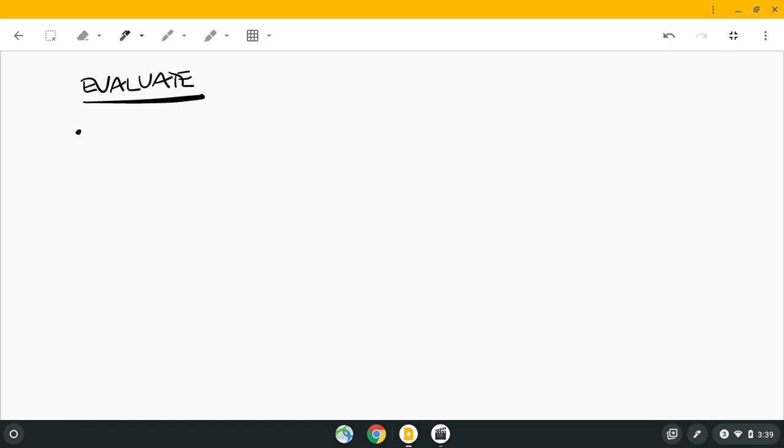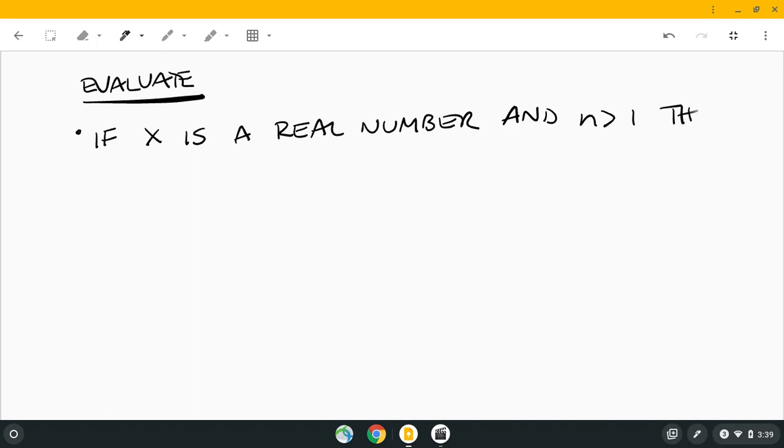All right, so first of all, if x is a real number and n is greater than 1, then if n is odd, when you're taking that odd root of x to the n, you don't have to worry about absolute value.